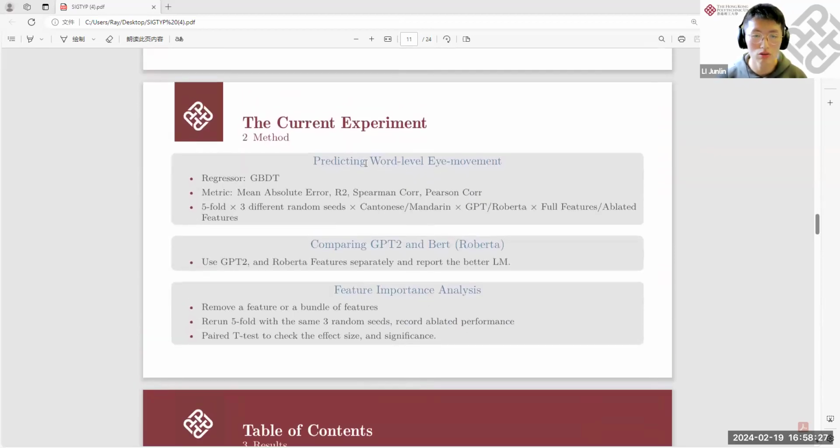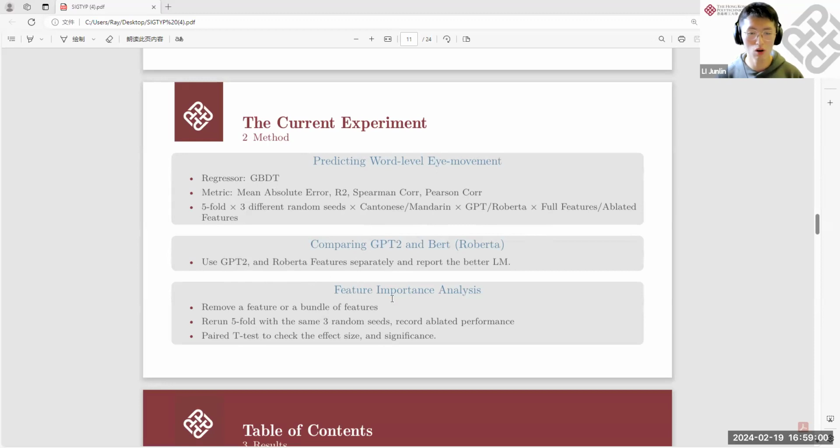So to compare GPT-2 and BERT or RoBERTa, and compare the usefulness of different features, we manipulate the language model used in regression and the feature bundles applied in regression. So we compare how GPT-2 and RoBERTa perform and report the difference between them using t-test.